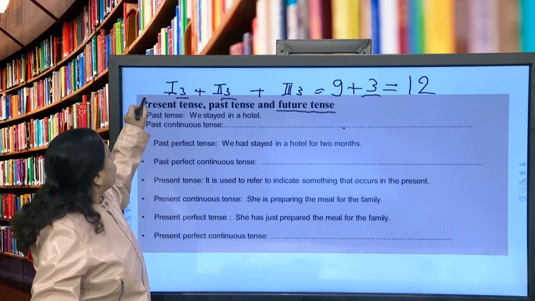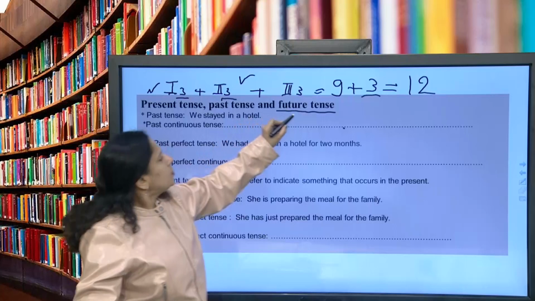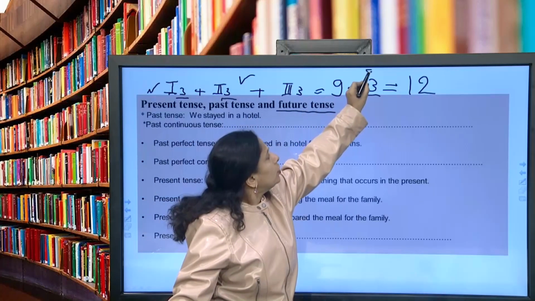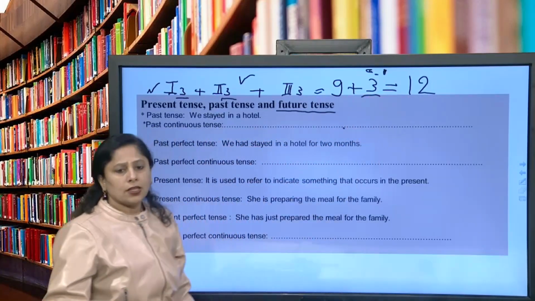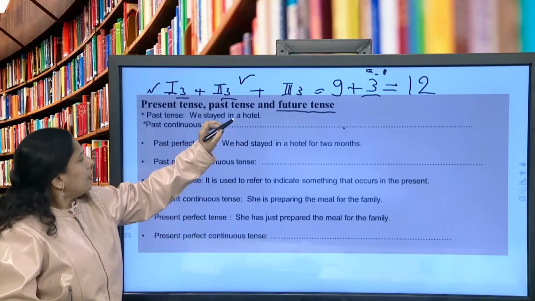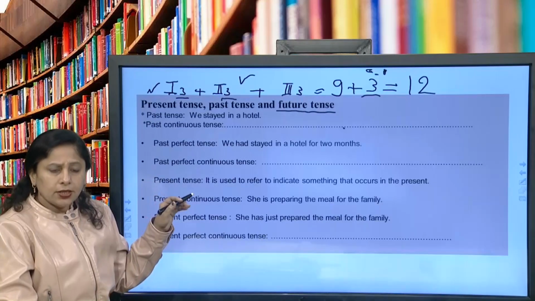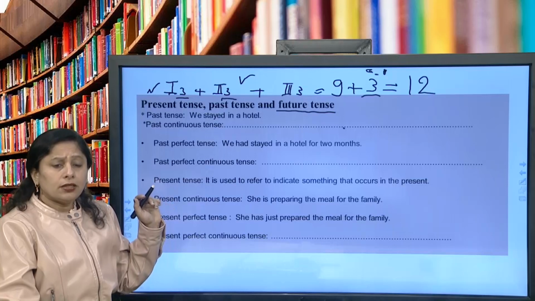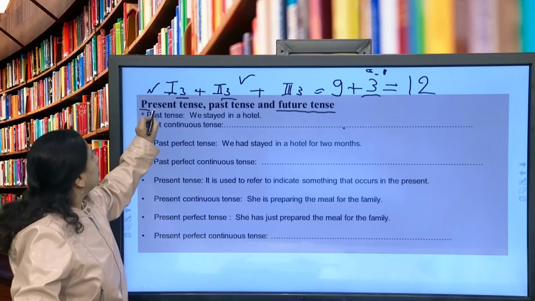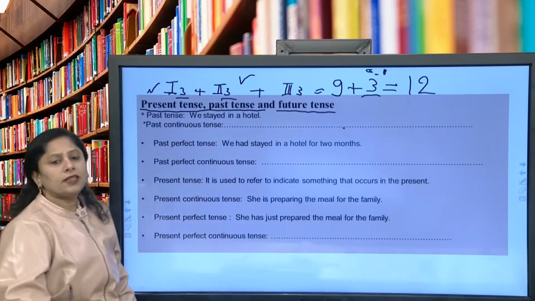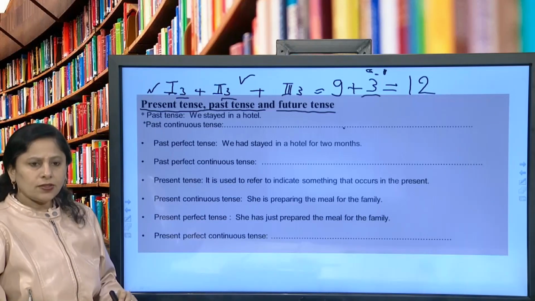So we generally prefer to use present tense and past tense, and sometimes the perfect continuous tenses. So there are 12 tenses in English grammar, but the focus, the study and the usage deal with present tense and past tense only. It happens like that.